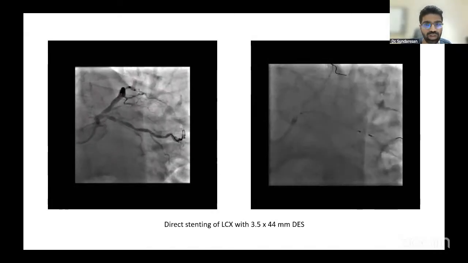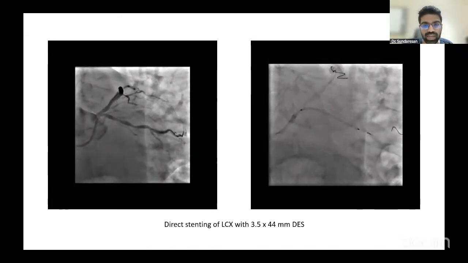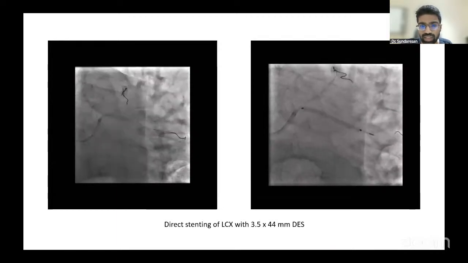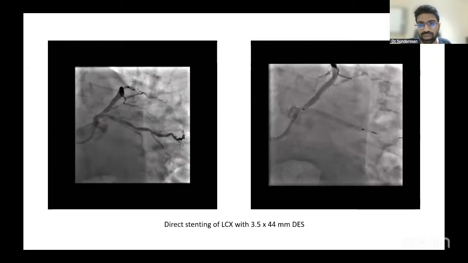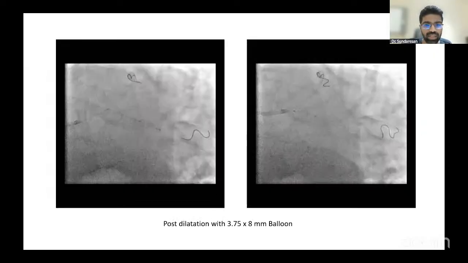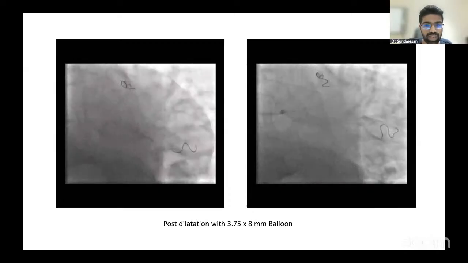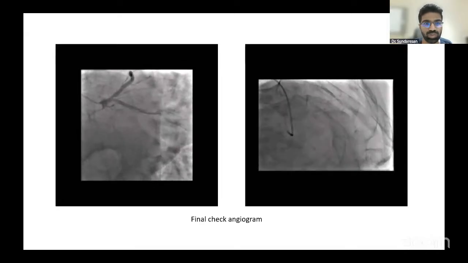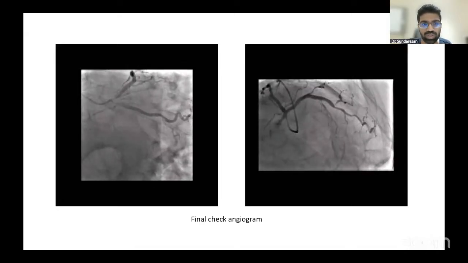And again, we required stenting from the ostioproximal LCX. And here we used a 3.5/44 Alluvial Pearl drug-eluting stent. And then we post-dilated with a 3.75/8 mm balloon. And after post-dilatation, these were our final angiographic results, which were fairly adequate in both LAD and LCX.